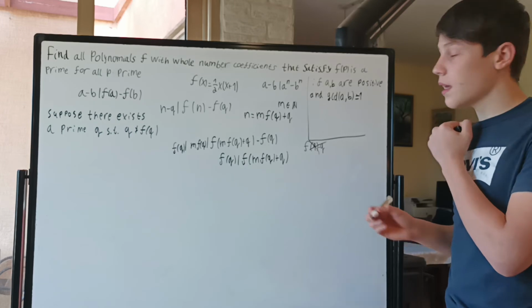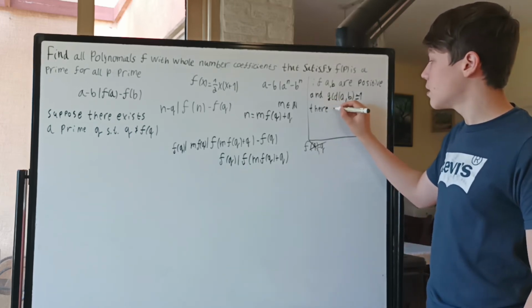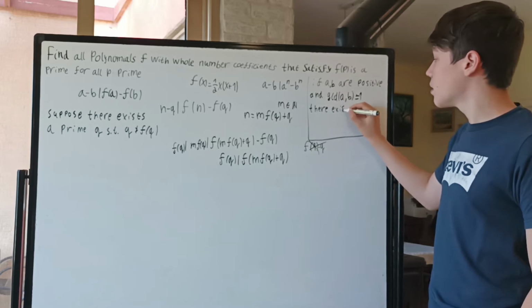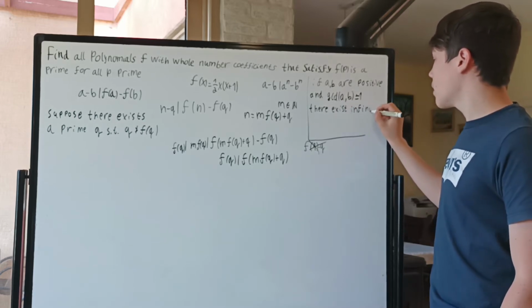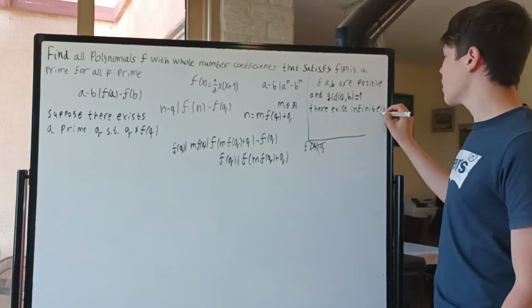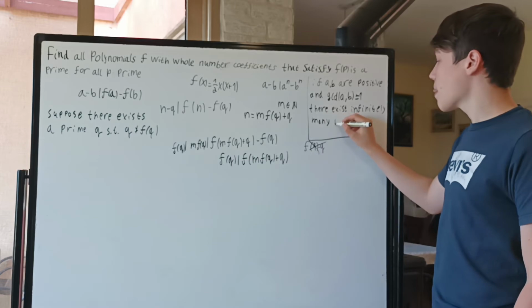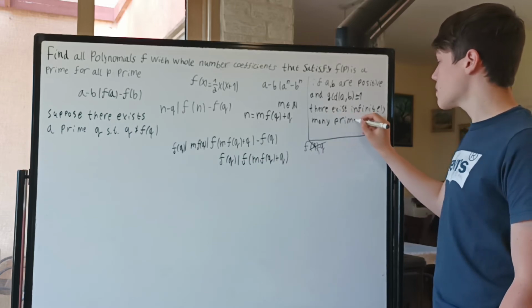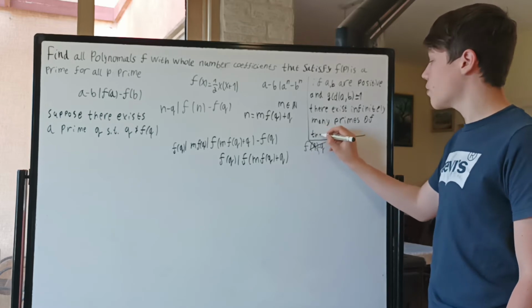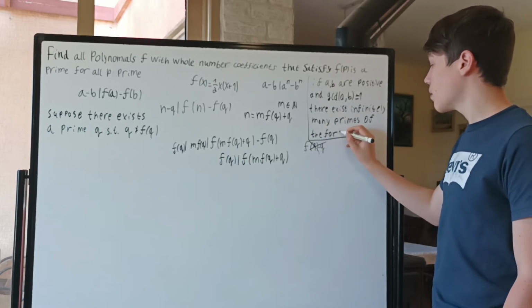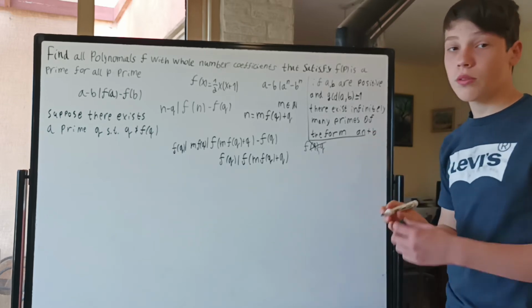Then I can say that there exist infinitely many primes of the form an plus b, where n is a natural number.